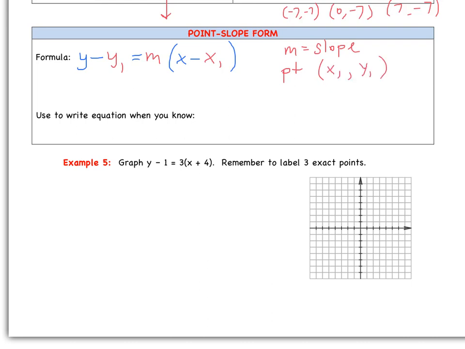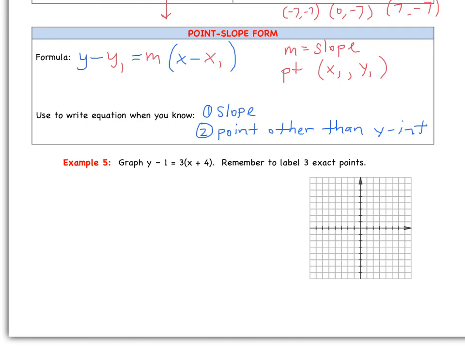Okay? So we use this formula, we use point-slope form to write an equation when we know our slope and a point other than our y-intercept.